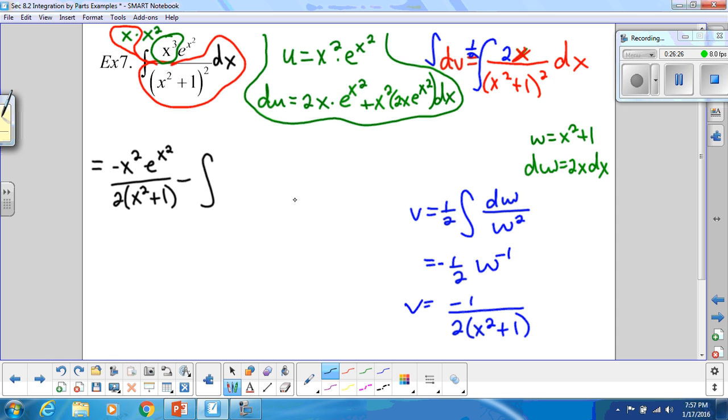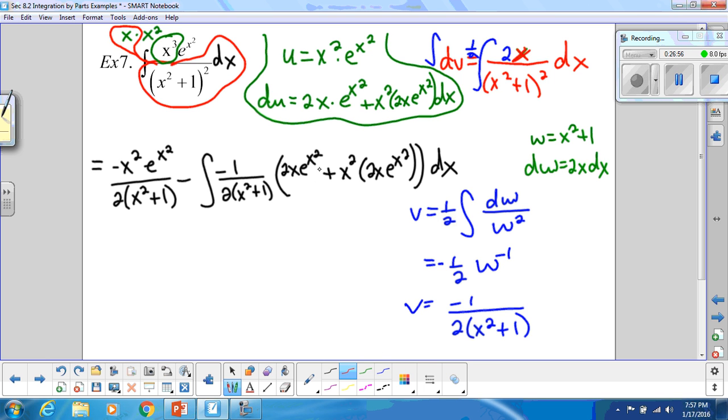So I have this negative 1 over 2 times x squared plus 1 times du, all of this product rule stuff. 2x e to the x squared plus x squared 2x e to the x squared. All of that has a dx. Okay, so I know it looks horrible, but let's simplify.